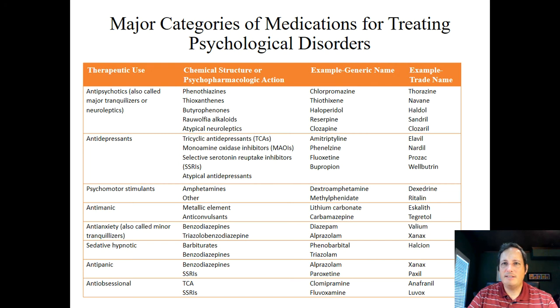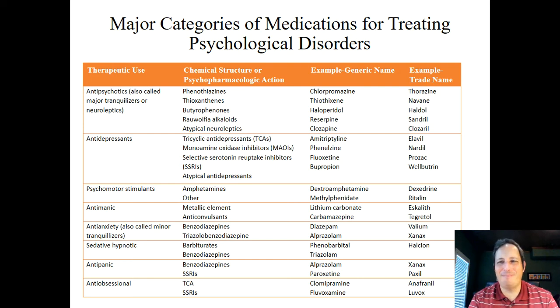So this next slide is just a sample of many of the various types of medications that are out there. You can see there's a chemical structure name, a generic name, and a trade name. All that can get very confusing, as you might imagine. Many of you may have heard of Prozac or Wellbutrin, which are trade names for antidepressants. But you may have also heard of something like fluoxetine, or amitriptyline.